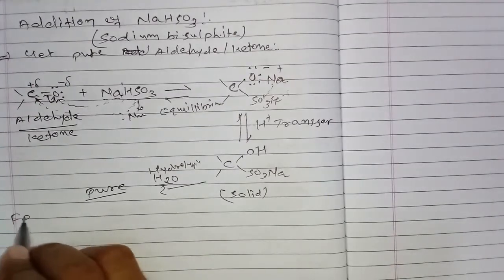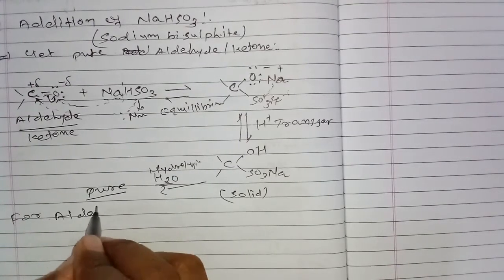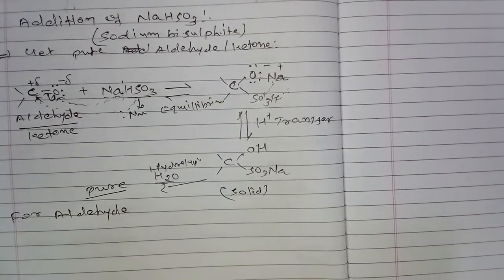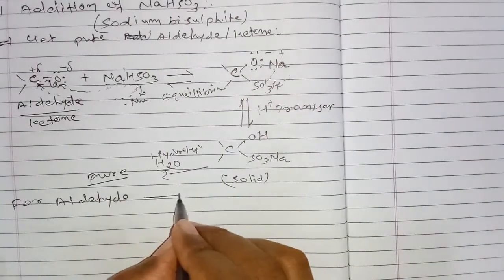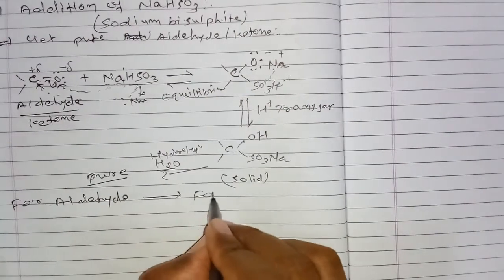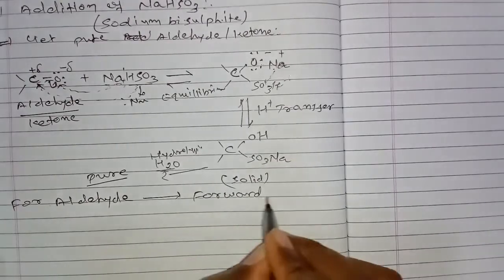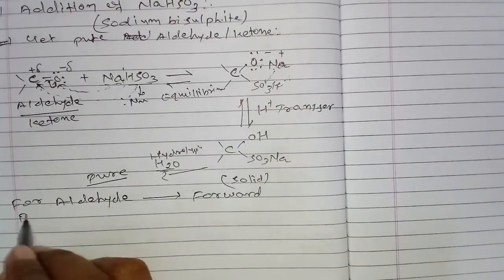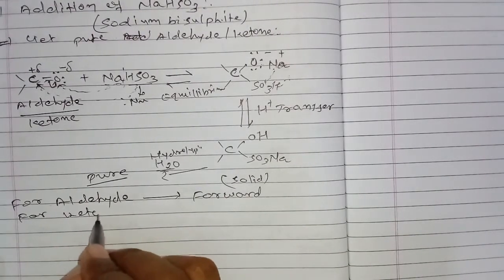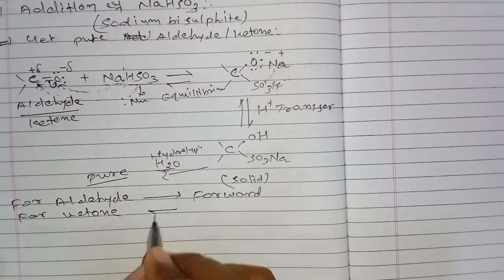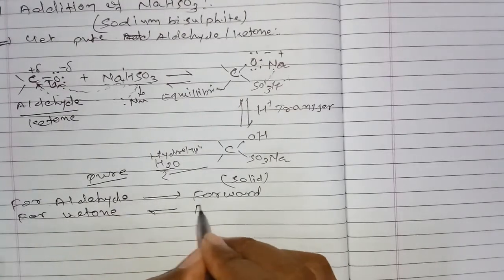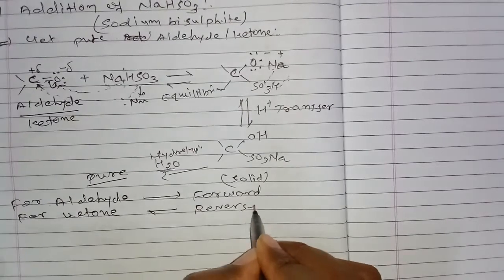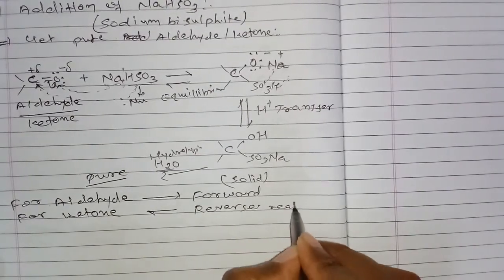So for aldehyde, the equilibrium is in the forward direction, or for ketone, the equilibrium will be in the backward or reverse reaction.